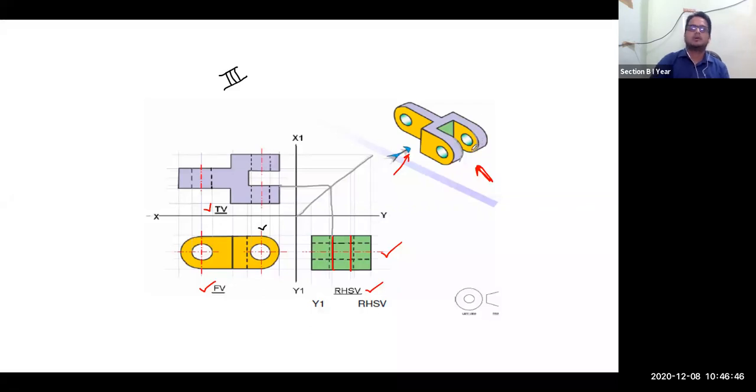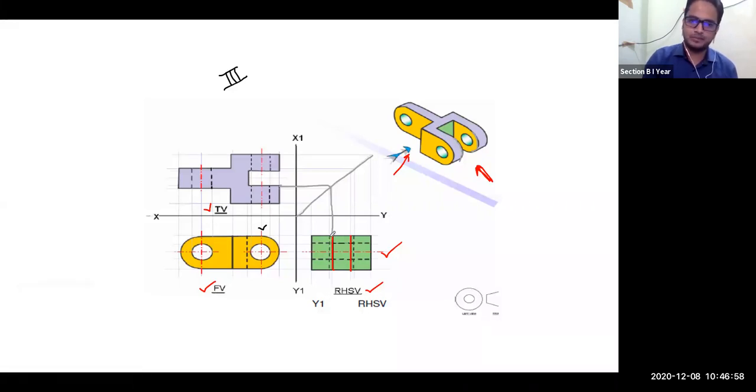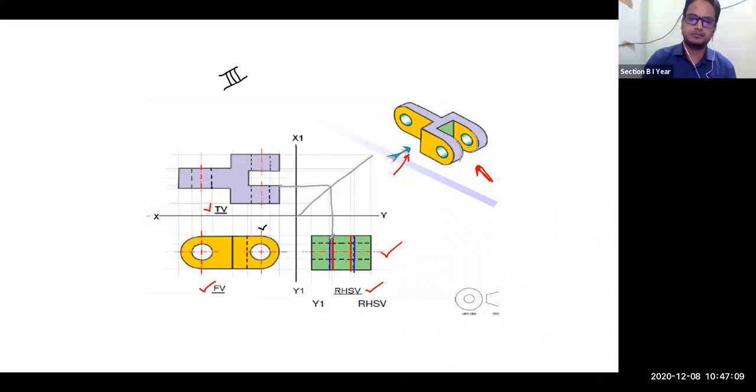Now, just next to that red line, there is one hidden line. This hidden line. What is that hidden line representing? Here, that hidden line I am highlighting in blue color. Which corners? For that, again, I'm extending with blue color only.